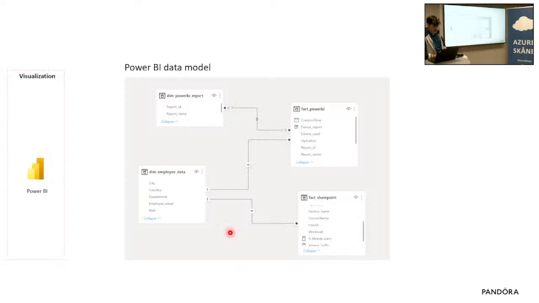This is the data model, and this is how it looks in the Power BI data model: fact Power BI log, fact SharePoint, DIM employee data, DIM Power BI report. Pretty simple, nothing really fancy. We didn't reinvent anything building this solution. You just need full monitoring and full automation over your daily data.